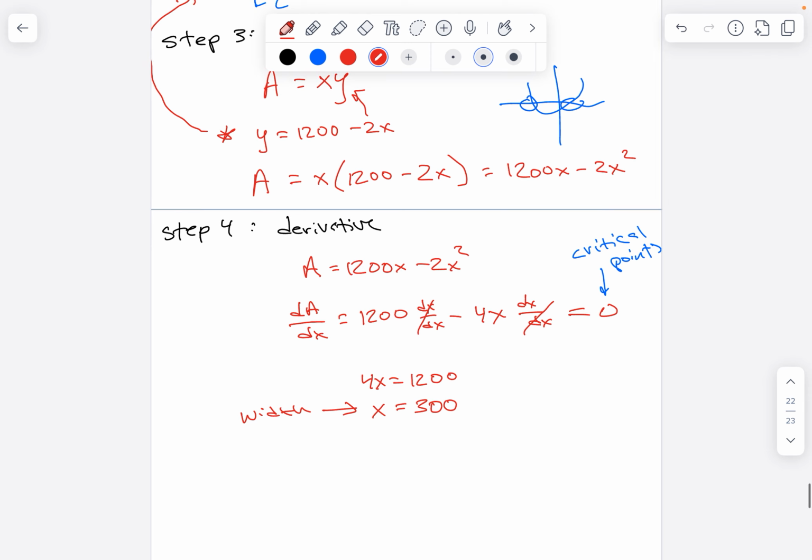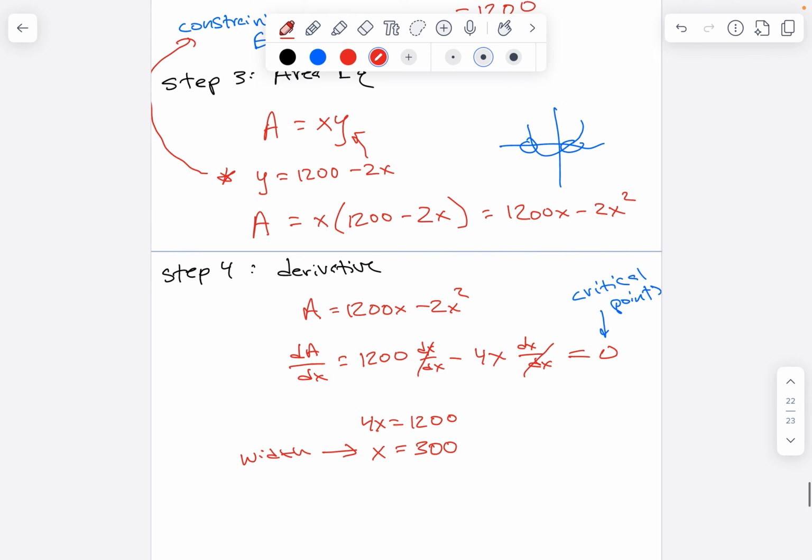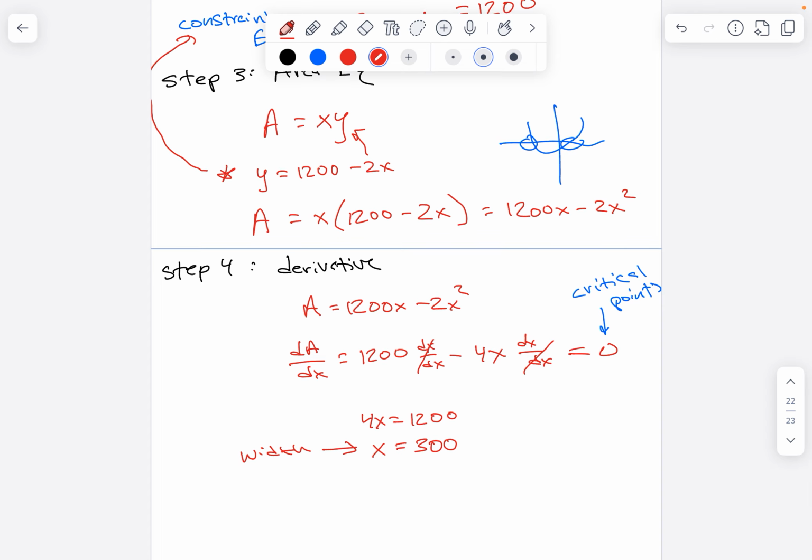So now that we have the width, let's go back and solve for our length. We're just going to plug it back into the constraint. So step 5, solve for y.